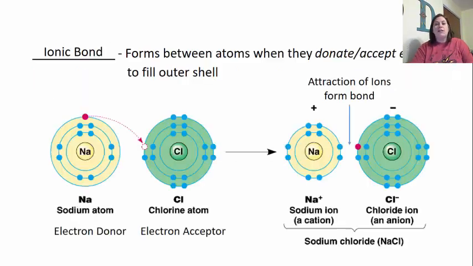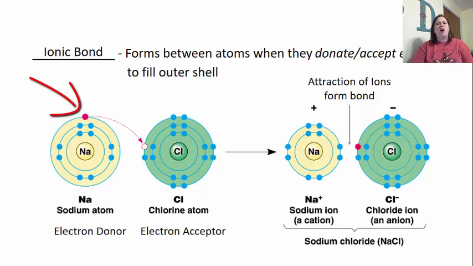So let's look first at the ionic bonds. So when we look here at the ionic bonds, these are formed between atoms when they donate or give away electrons, and other ones are going to accept or take the electrons to fill their shell. One of the best examples of this is table salt. So if we look here with the sodium atom, the sodium has one lone electron in its outer shell. In order to be happy, it's going to have to get 7 more.